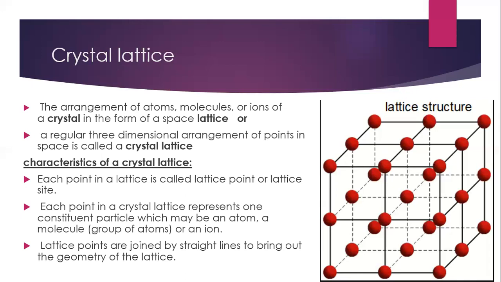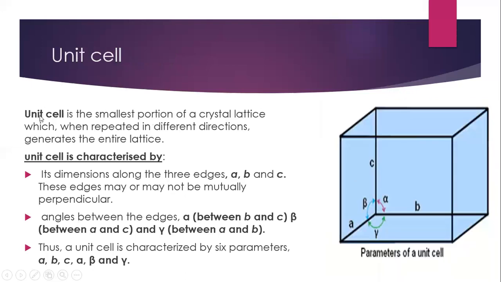Next is a unit cell. So what is meant by unit cell? Unit cell is the smallest portion of the crystal lattice which, when repeated in different directions, generates the entire lattice. So we see this structure.